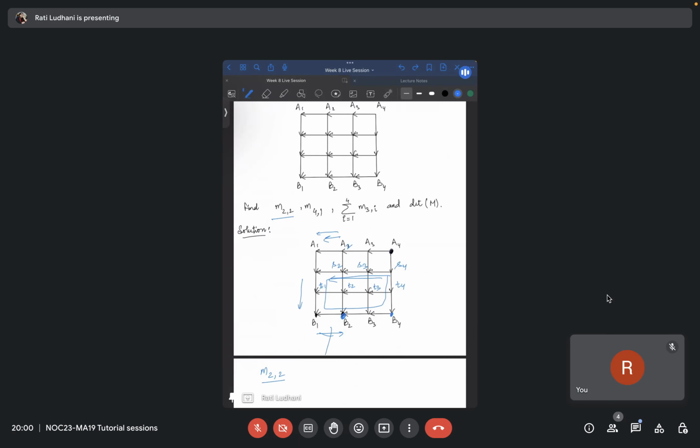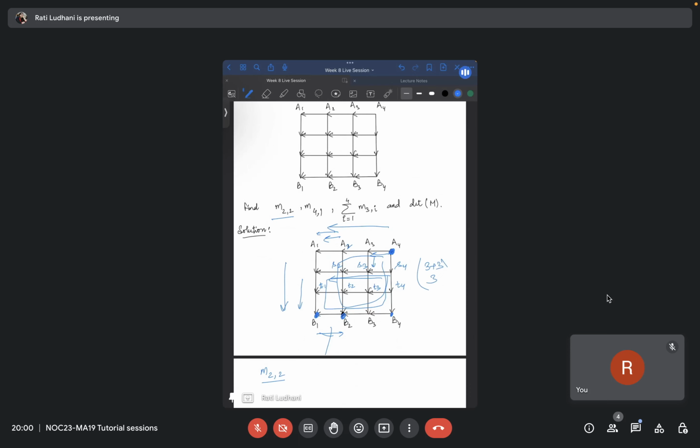Actually, as Shantini said, you need to go from A4 to B1, so you consider the entire box, because you are allowed to go left and downwards. So you can directly calculate A4 to B1. You are allowed to go 3 steps downward and 3 steps to the left, so this will be just 3 plus 3 choose 3.